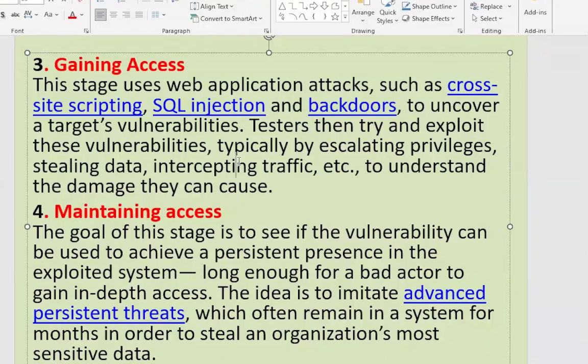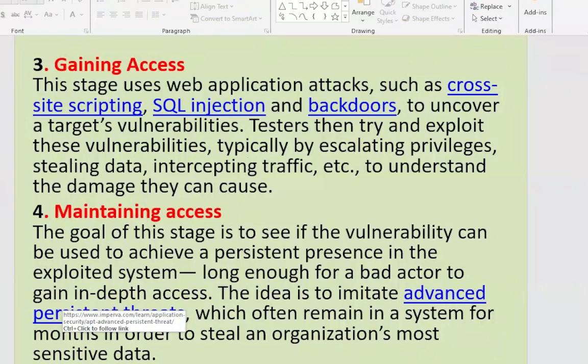How do they exploit it? By escalating privileges, stealing data, intercepting traffic to understand the damage they can cause. The real meaning of this is that once I get control of your traffic, of your network, I can block the signal, I can block the traffic, I can steal data, I can become the administrator.